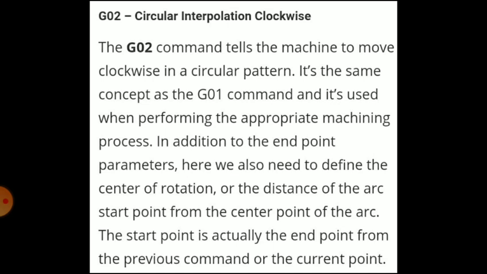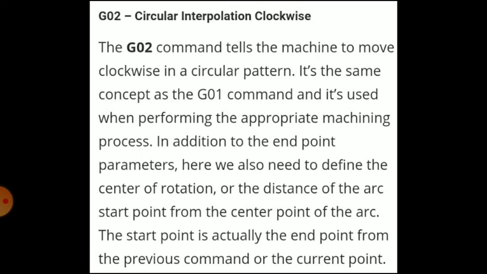Next code is G02, that is circular interpolation in a clockwise rotation. The G02 command tells the machine to move clockwise in a circular pattern. It is the same concept as the G01 command, and it is used when performing the appropriate machining process.